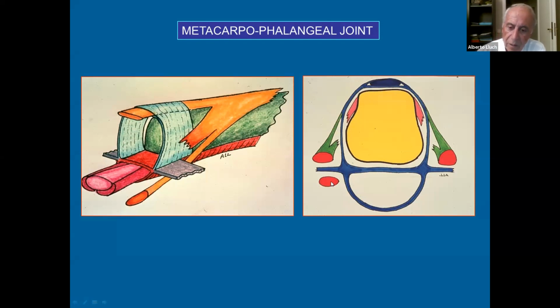Then here we have the lumbrical underneath, below the intervolar plate or the transverse metacarpal ligament, and here the interosseous muscle with an insertion into the extensor apparatus and another one into the bone.